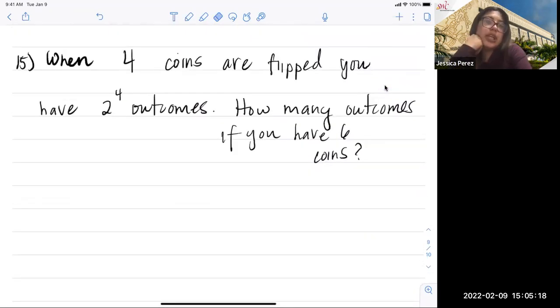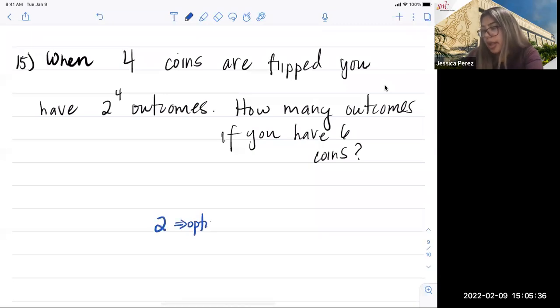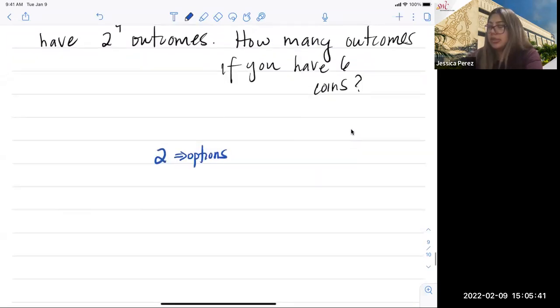All right, number 15. When 4 coins are flipped, you have 2 to the 4th outcomes, right? You have 16 outcomes. How many outcomes will you have if you flip 6 coins? So again, when you have a coin, there are 2 options. Which ones? Heads or tails. But you have now 6 coins, so it's 2 to the 6 options.